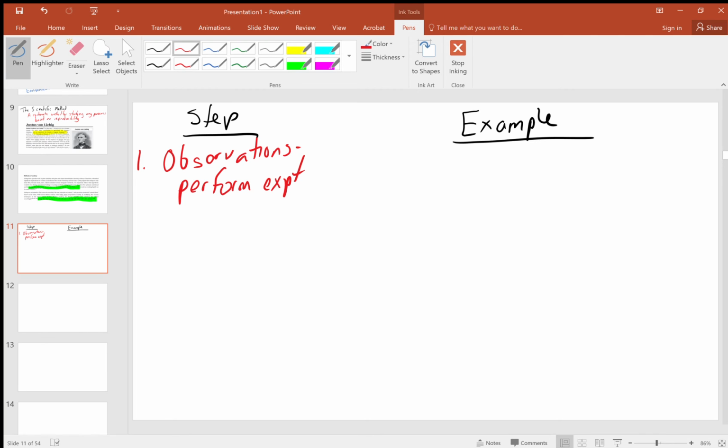So if we wanted to try and prove or disprove what Liebig said about cooking a steak, what could we do? Well, we could cook steaks in many different ways.